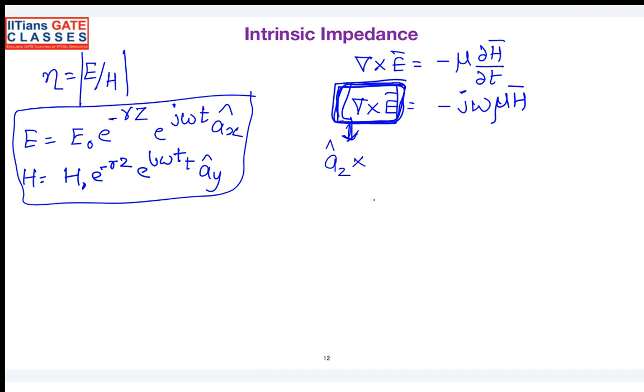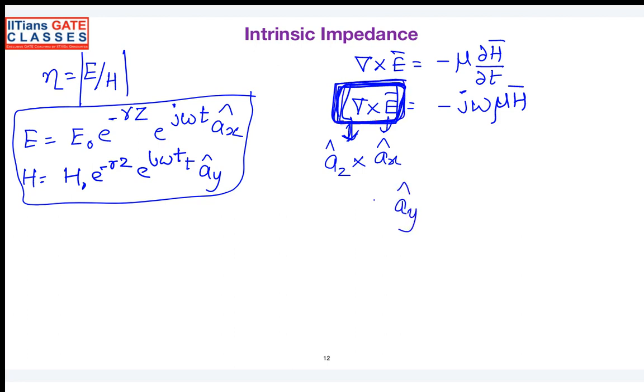And your electric field is there in which direction? So what is the resultant value then? Is it negative AY? AZ cross AX is positive AY, correct? So the resultant direction of curl of E will be in the direction of AY cap.